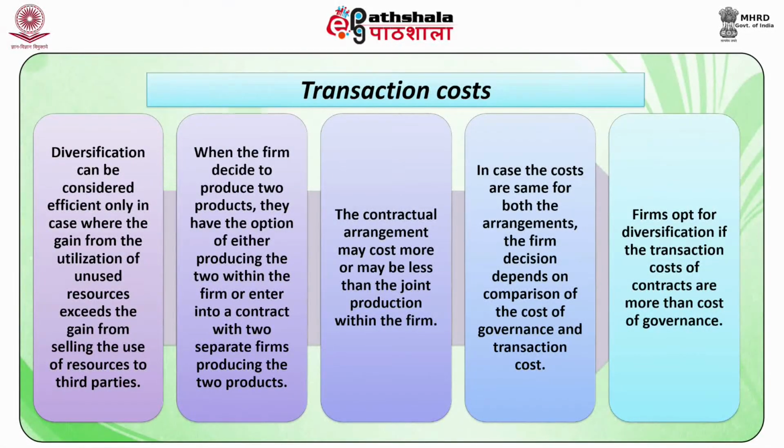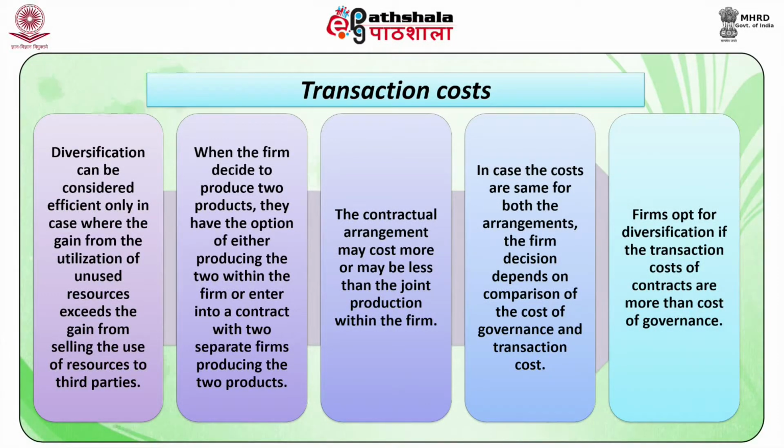When the firm decides to produce two products, they have the option of either producing the two within the firm or entering into a contract with two separate firms producing the two products. The contractual arrangement may cost more or maybe less than the joint production within the firm.